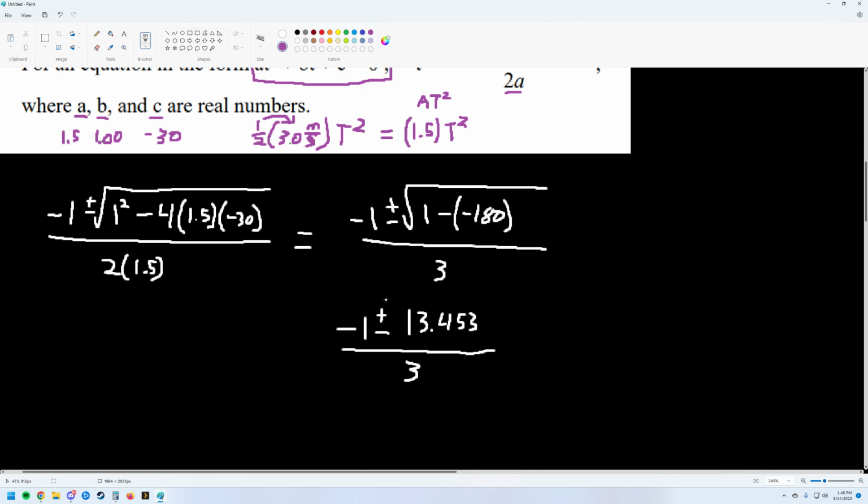If you're not familiar, there are two possible solutions that this equation is giving us. One of them is not going to work, and we'll see why very shortly.